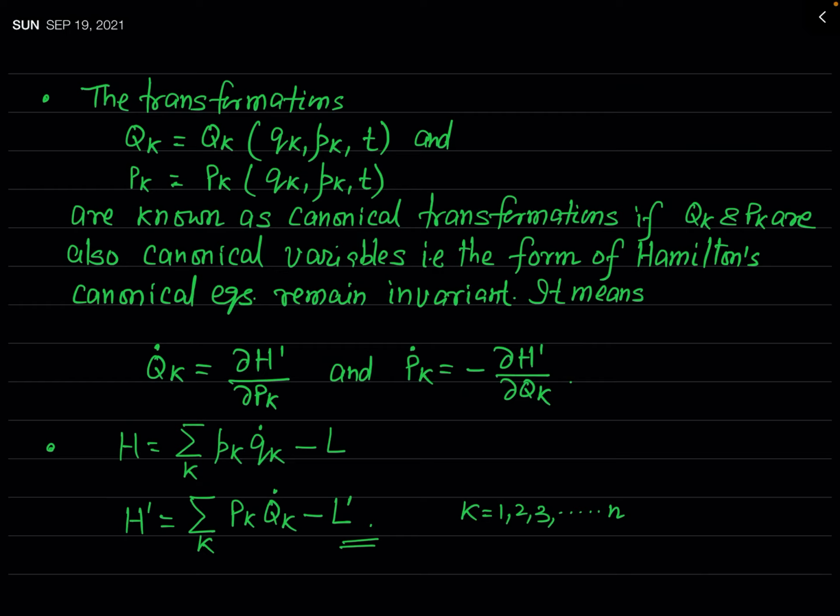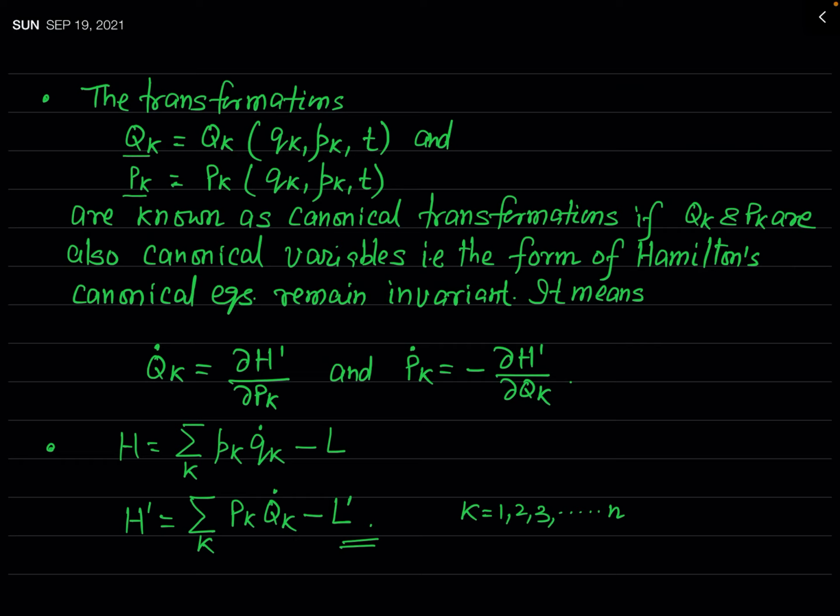These transformations are known as canonical transformations, but only when the variables capital QK and capital PK are also canonical variables. Only then you can say that these transformations are canonical.